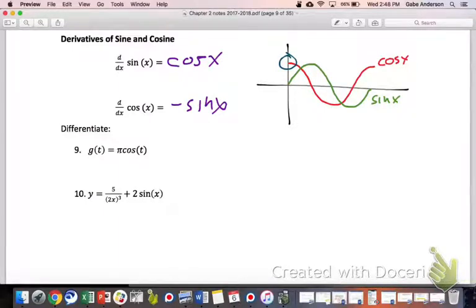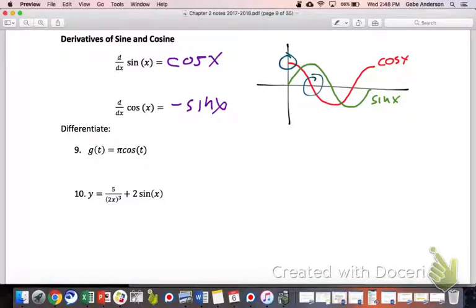Make sense? Okay. Then if we look at something like this, doing it this way is a little bit harder to see, but I think it'll be all right. So you're going to have to guess at this. What does that look like as far as the slope of cosine? If you just had to guess, negative something.